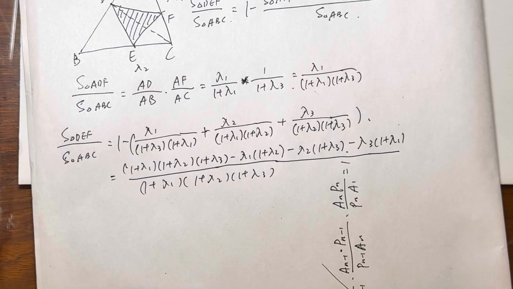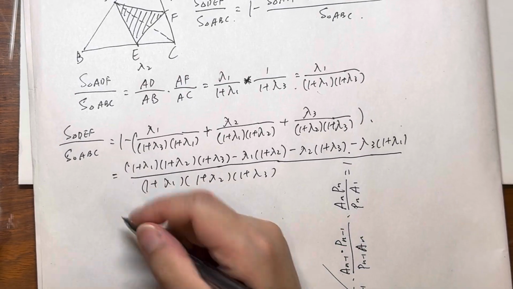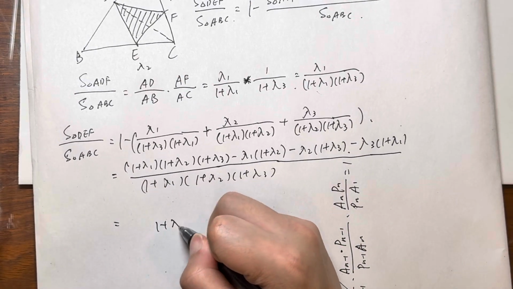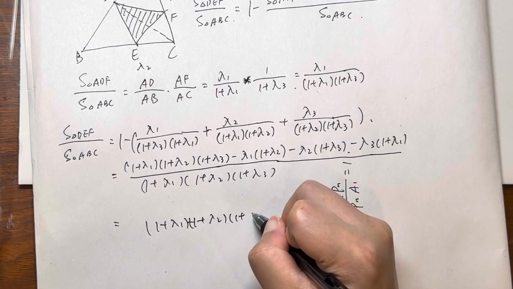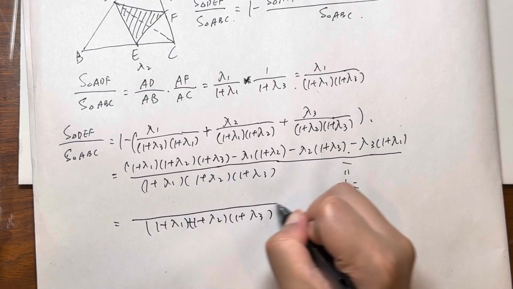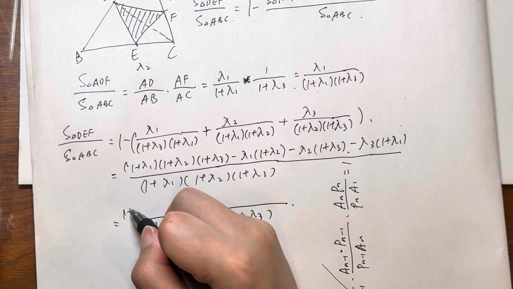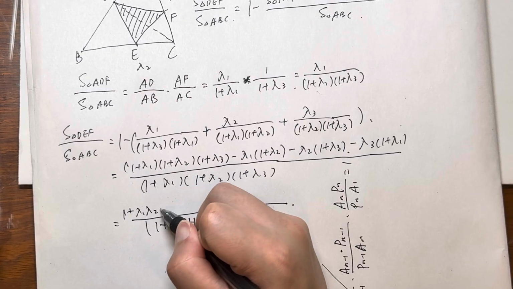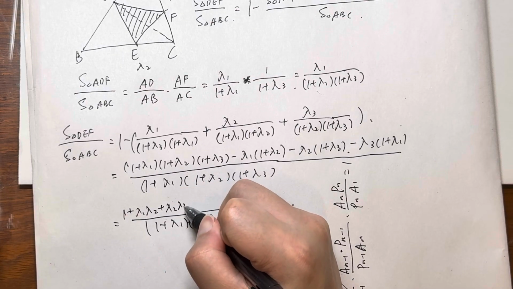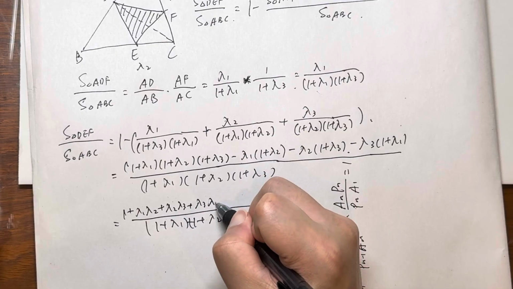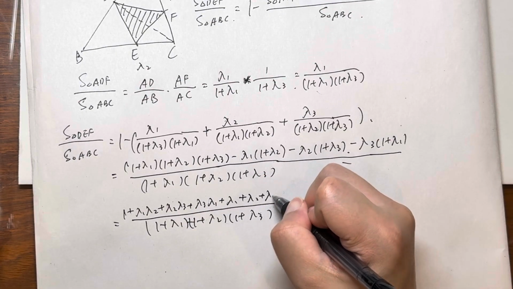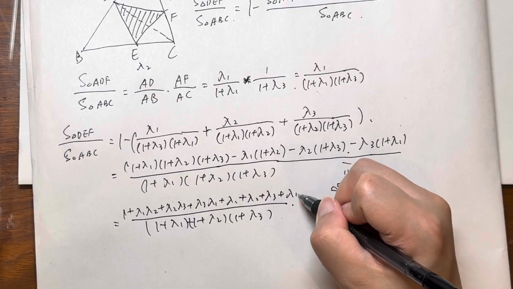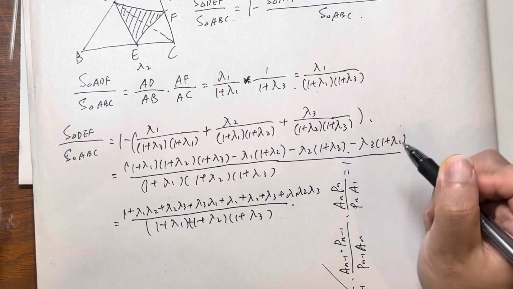That is the final answer, over 1 plus lambda 1, 1 plus lambda 2, 1 plus lambda 3. The top would be 1 plus lambda 1 lambda 2, plus lambda 2 lambda 3, plus lambda 3 lambda 1, plus lambda 1, plus lambda 2, plus lambda 3, plus lambda 1 lambda 2 lambda 3, right?